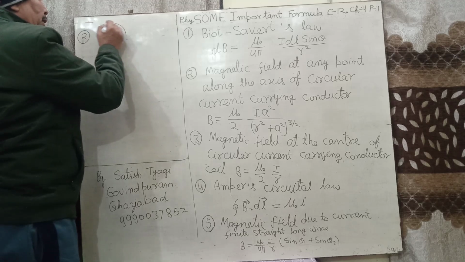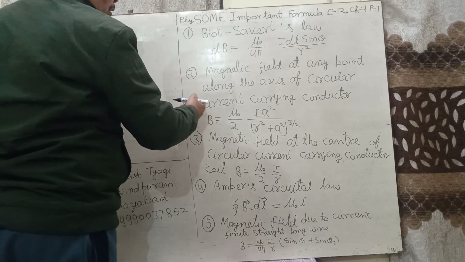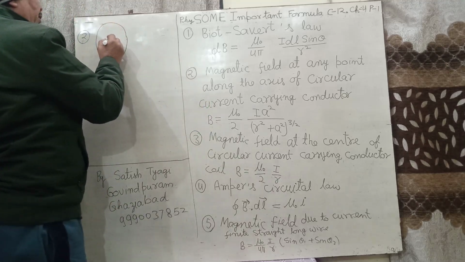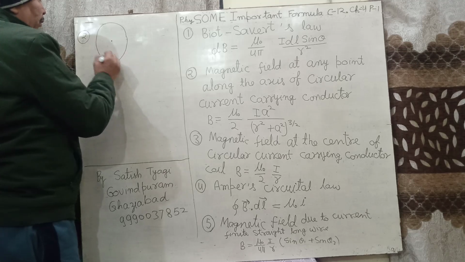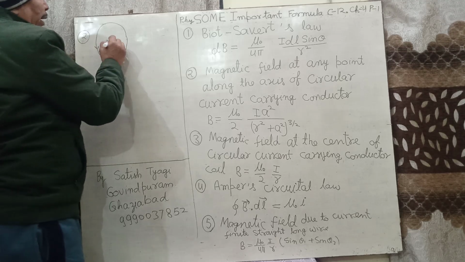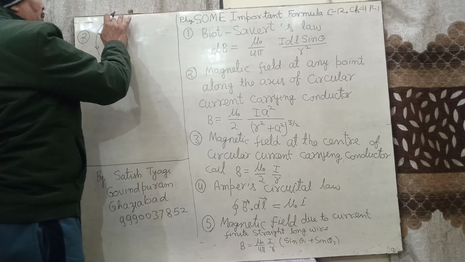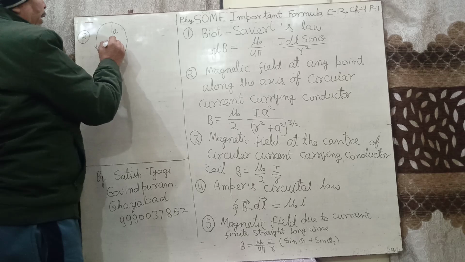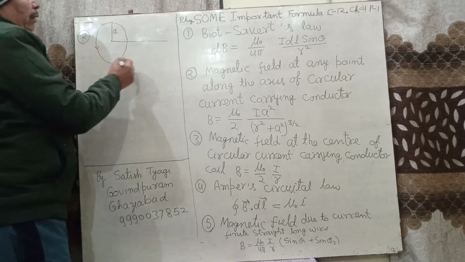Suppose this is a circular current carrying conductor, and the direction of the current is this, and this is the radius of the circle, and this is the axis of the circle.